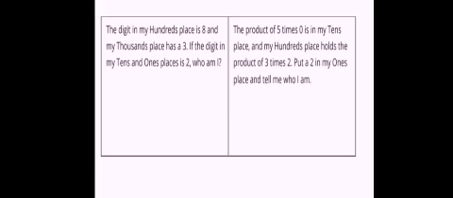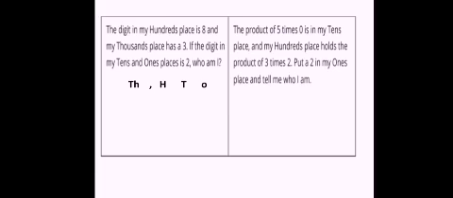The digit in my hundreds place is 8 and my thousands place has a 3. If the digit in my tens and ones place is 2, who am I? At first, I will put my columns. These are my places of the digits: ones, tens, hundreds, thousands. And we'll start from the beginning.